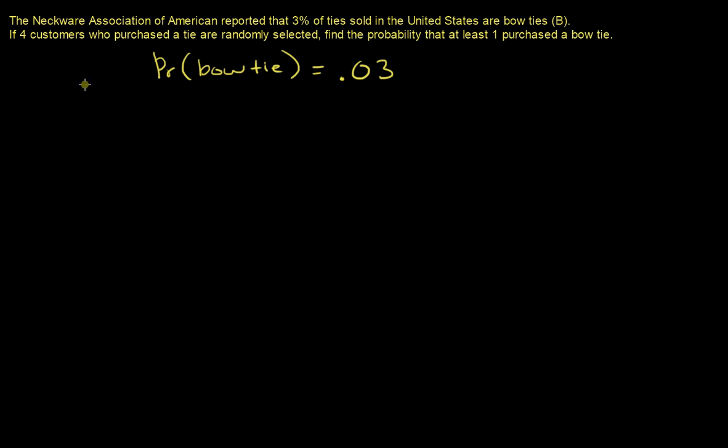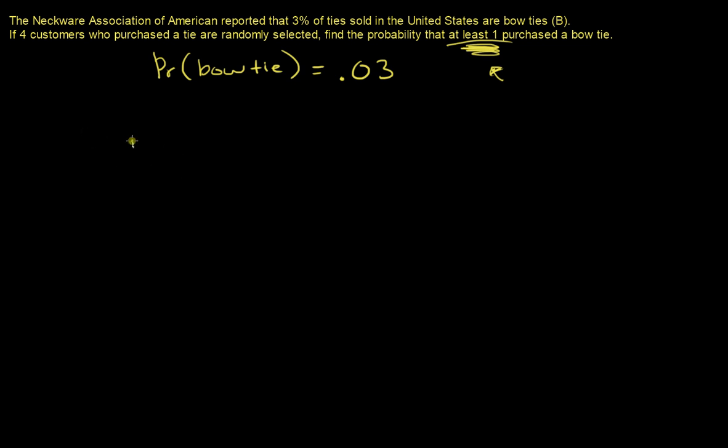Okay, so if 4 customers who purchase a tie are selected at random, find the probability that at least one purchased a bow tie. All right, so whenever you see this at least one, you should automatically start thinking about complements. At least one should always trigger in your head, well, the probability of at least one is 1 minus the probability of none.